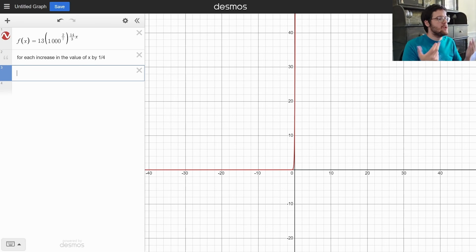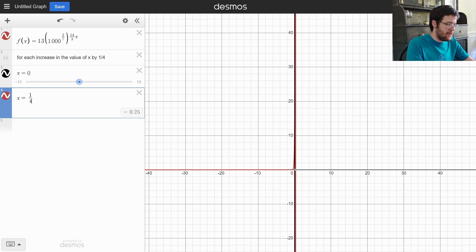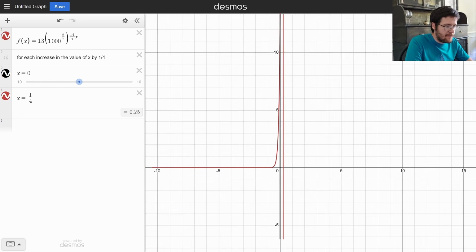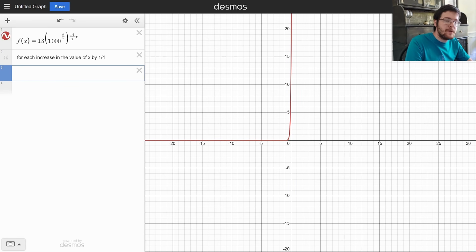So it says for each increase in the value of x by 1/4. So maybe what I would do is make x equals 0 or 1, and then make x equals 1/4 and see what happens. However, that's a very narrow graph, and it's going to be really hard for me to zoom in and click on those. So since we're dealing with x values, why don't we just use function notation?